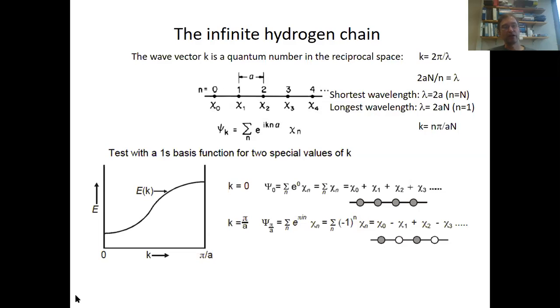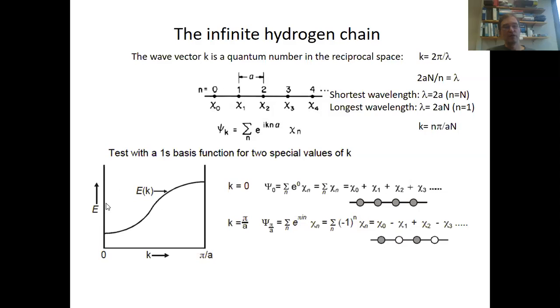So in a band diagram, as we have seen, we plot the energy versus the wave vector k, which is a quantum number in the reciprocal space, and we have seen that the wave vector k can adopt values between 0 and pi over a, whereby a is nothing else but the unit cell parameter within the one-dimensional hydrogen chain.